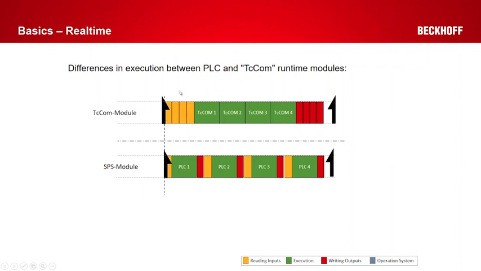And this means each input update for each TC-COM module will be executed one after another. And afterwards, the cyclic execution one after another and the output update one after another. If we again assume you would like to communicate from TC-COM module 1 to TC-COM module 2, then you can imagine that you lose one cycle in comparison with the execution of the PLC. Okay? We have to be aware of this difference.